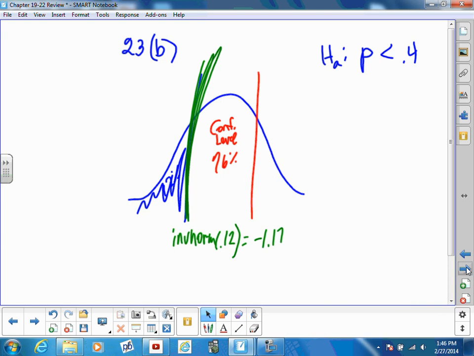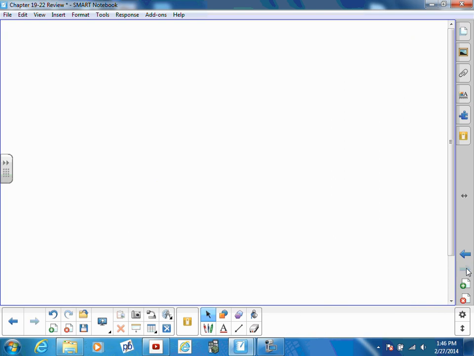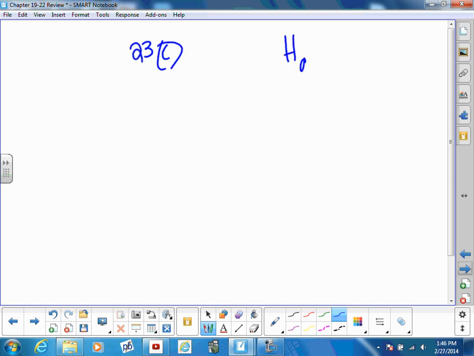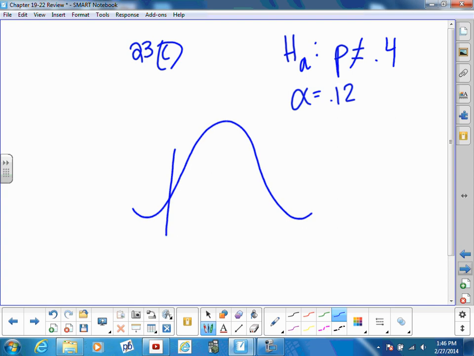Next and final one on this, 23C. This one is different because it is a two-tail. The alternative is p is not equal to 0.4. So that means the entire alpha of 0.12 is being split between the two tails. So I've got 0.06 here and 0.06 here.